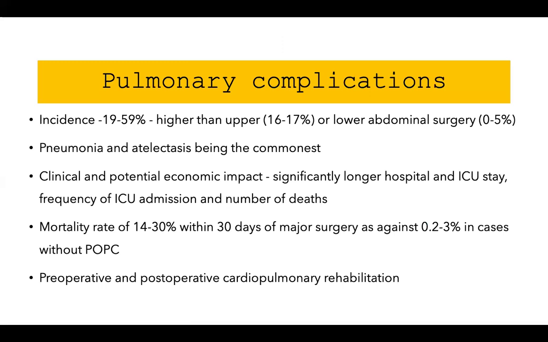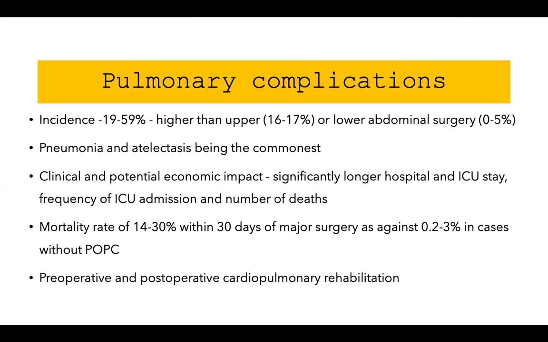Pulmonary complications can be as high as 60% after a thoracic surgery, and it is significantly higher compared to abdominal surgeries, where upper abdominal surgery can be 15 to 20%, and lower abdominal surgery is significantly less, maybe less than 5%. Most common complications are pneumonia and atelectasis, and it has a significant clinical and potential economic impact because it increases the hospital stay and ICU stay, and need for recurrent ICU admission, and also can cause mortality.